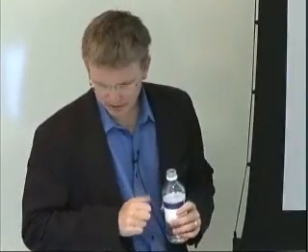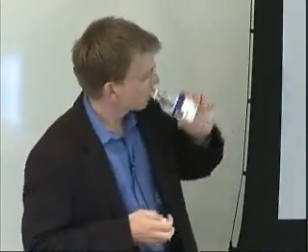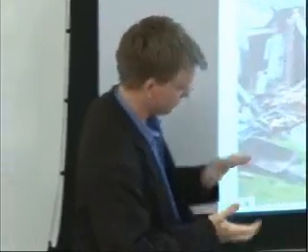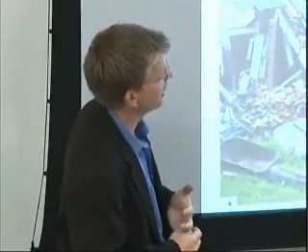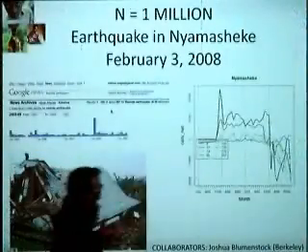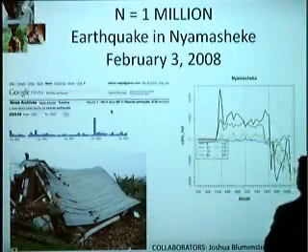This is now work that's veering towards developmental economics, but I think should scale to a wide range of events. This is the implications of what happened in an earthquake back in February of 2008.